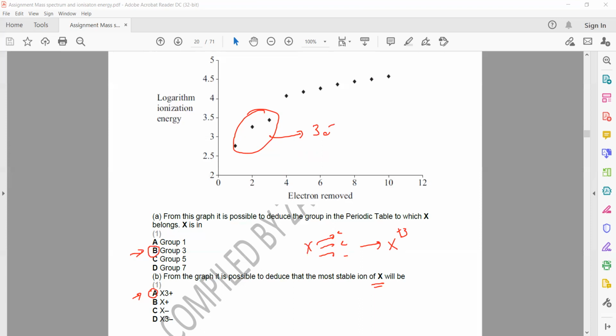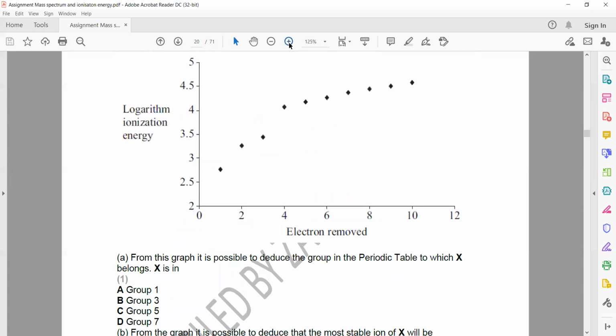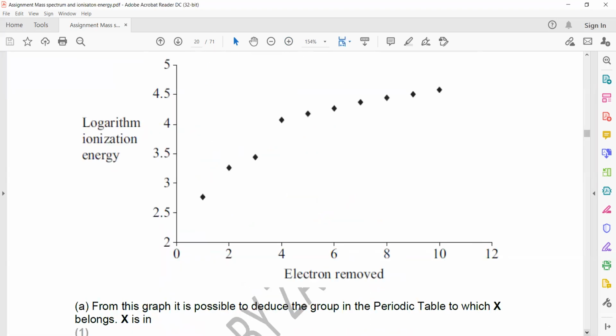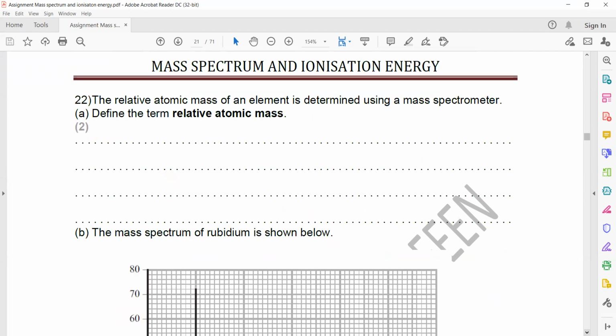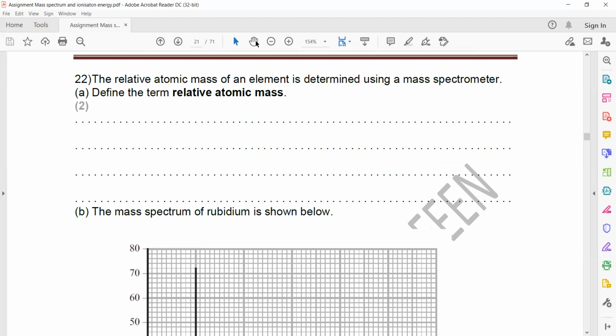So using the logarithm of ionization energy and electrons removed, we can also work out the group of that element. Then define the term relative atomic mass.